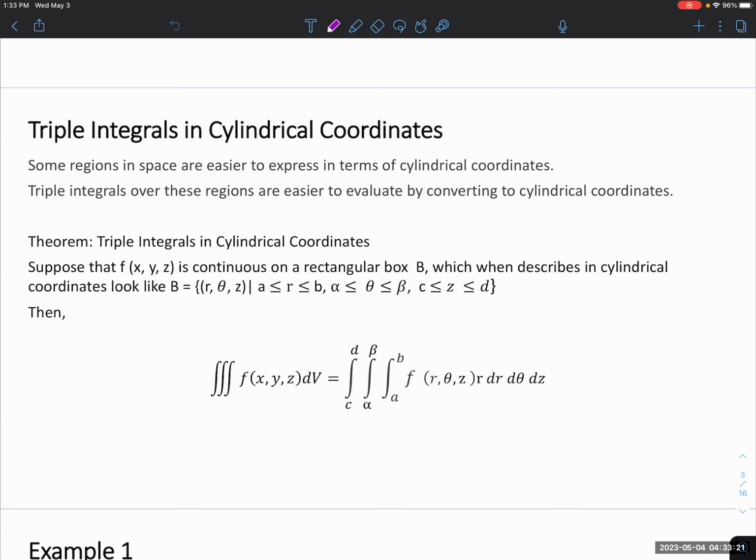Do you guys remember that? So now we are doing the same thing in this section. We're just going to convert triple integrals because we're going to deal with three variables of the function. So we are going to convert triple integrals in rectangular coordinates into triple integrals in cylindrical coordinates.